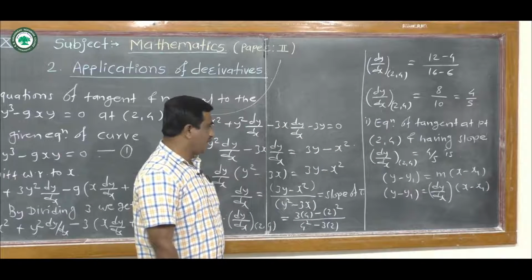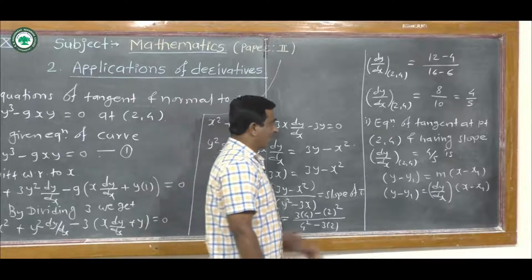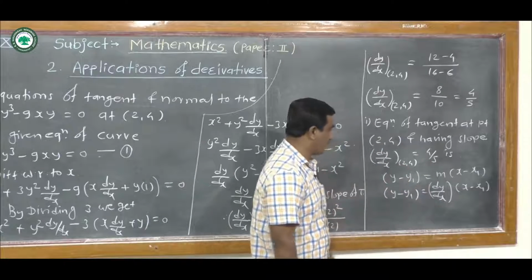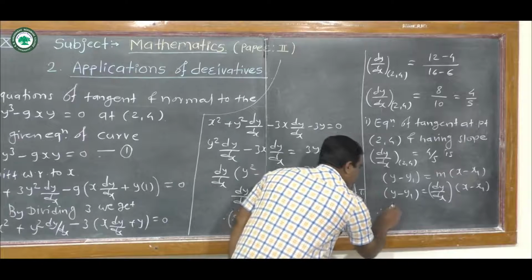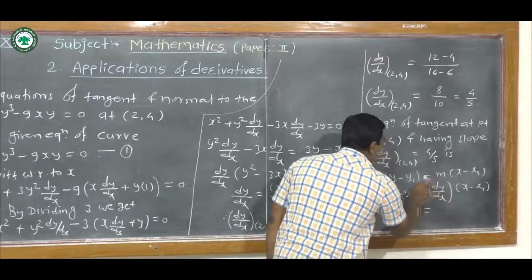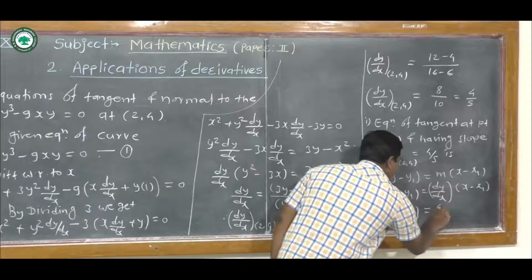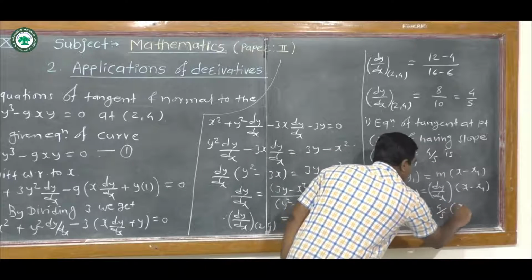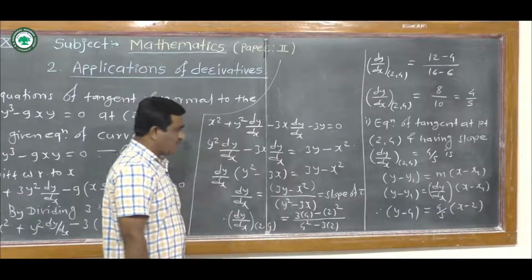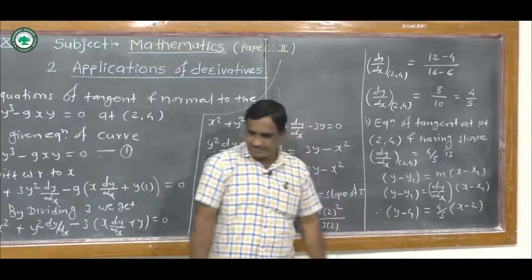Now put here values of x1 and y1. (x1, y1) is (2, 4) and slope dy by dx is equal to 4 by 5. Therefore, we can write here y minus 4 into dy by dx is 4 upon 5 into x minus 2. Now we have to simplify this equation.